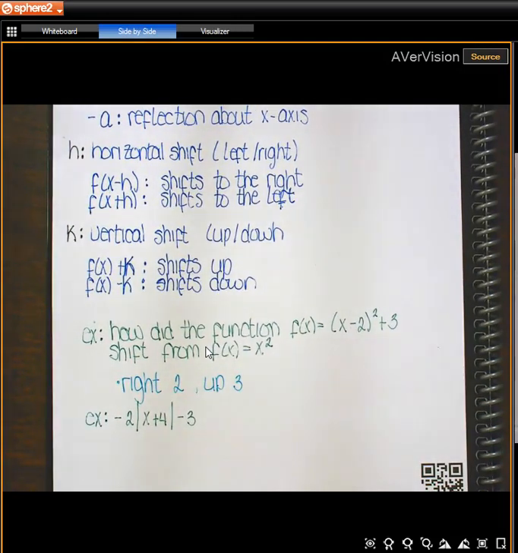All right, we have f of x equal to negative 2 times the absolute value of x plus 4, minus 3. What are the transformations?